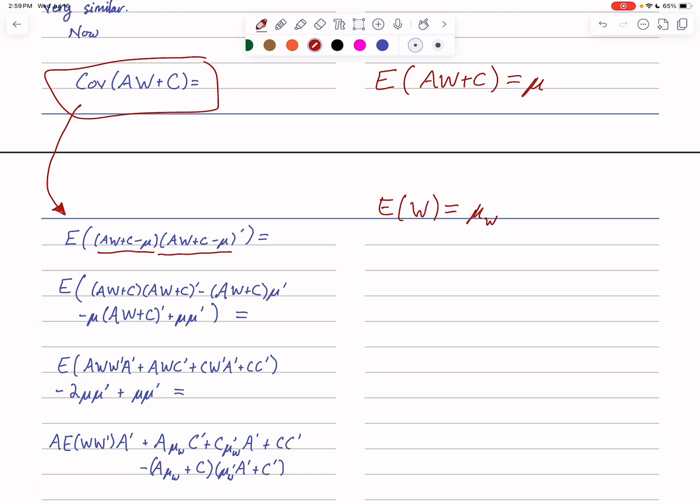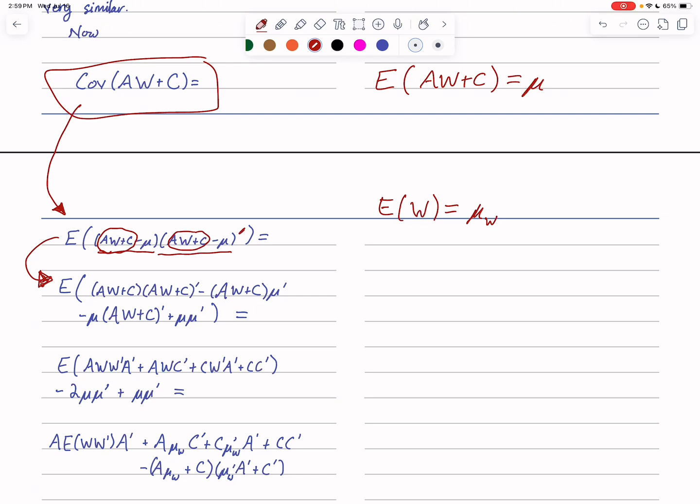Now from here, I'm going to try to strategically distribute. The motivation for how I'm distributing is that I tend to think AW plus C should get grouped together. So I'm going to group AW plus C and AW plus C over here as well. Notice the transpose, right? Because over here we're taking the transpose, so the transpose distributes in.